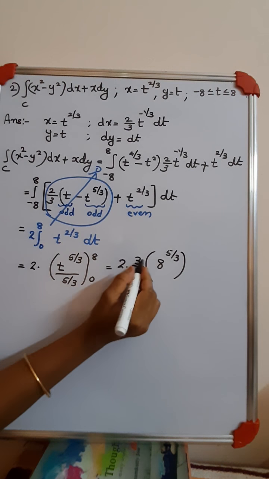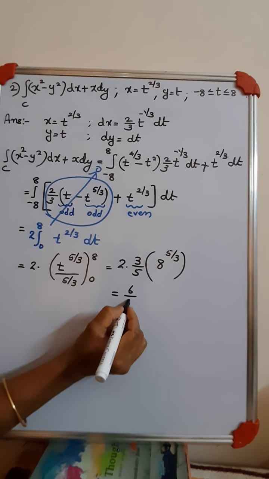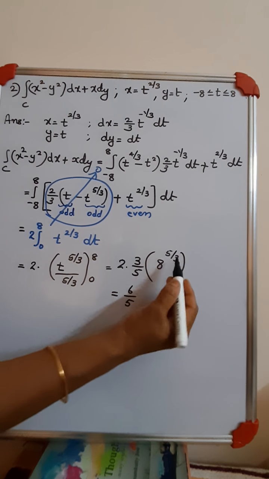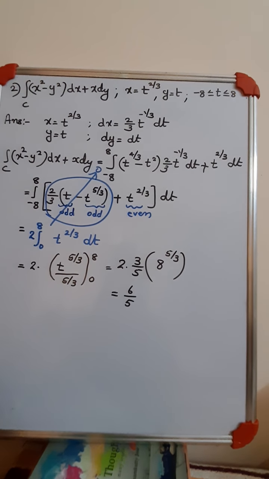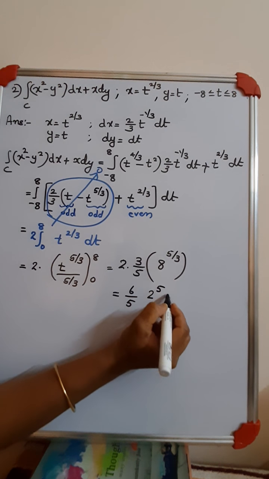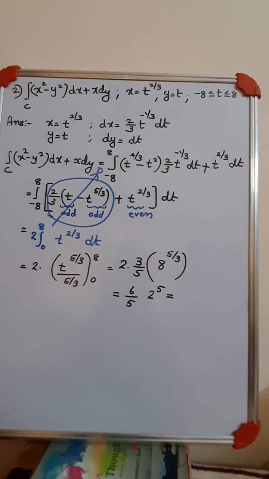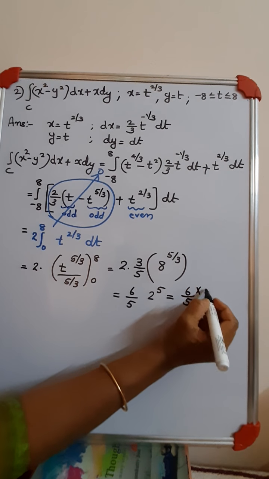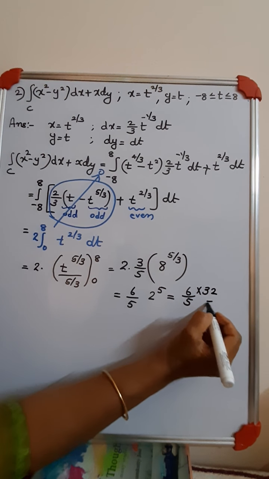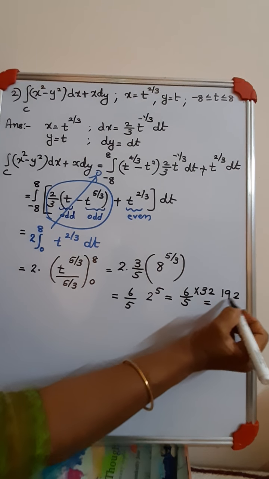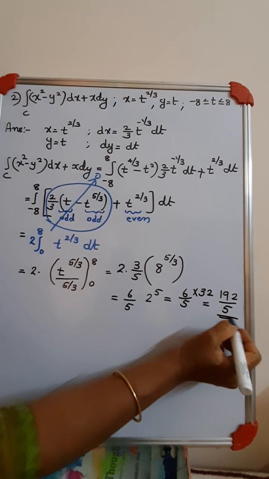This one can be written as 6 divided by 5 into 8 raised to 5 by 3. What is 8 raised to 1 by 3? 8 raised to 1 by 3 is 2. It is 2 raised to 5. What is 2 raised to 5? 2 raised to 5 is 32. So 6 by 5 into 32. So final answer is 32 into 6, 192 divided by 5.